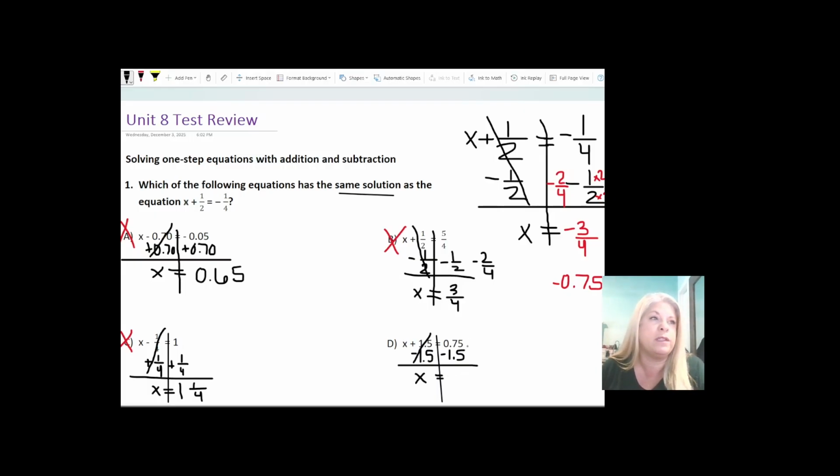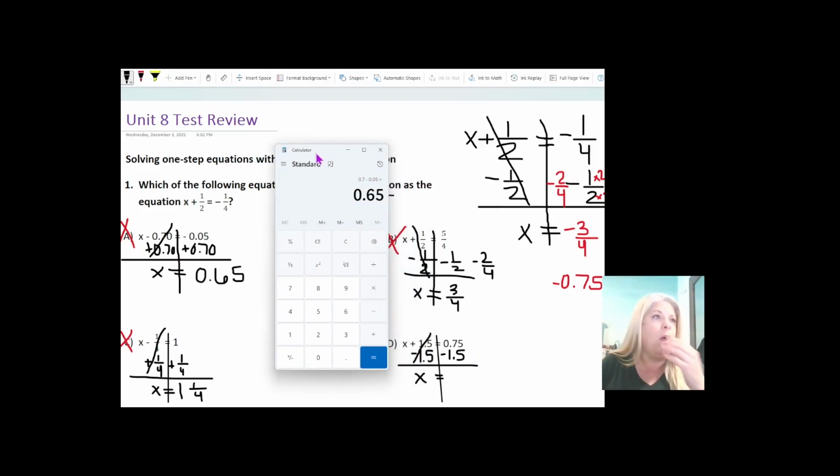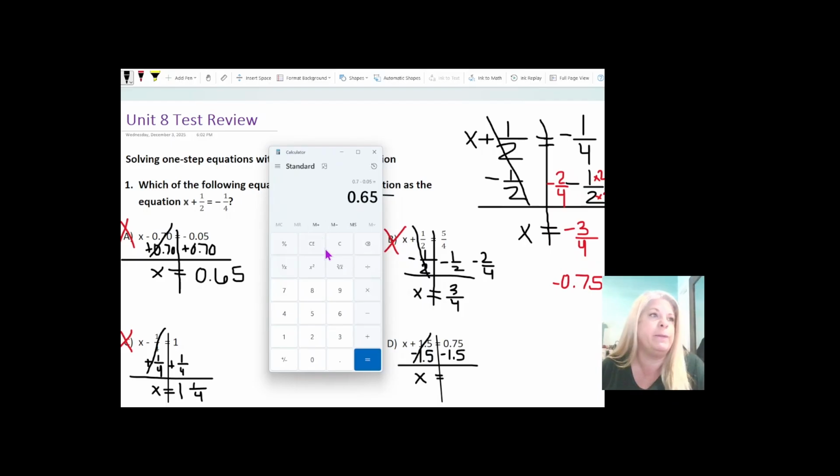And then we've got different signs again. So take your calculator if you need to. Because they are different signs, I've got a positive and a negative, I need to find the difference between them. I need to subtract. So 1.5 minus 0.75, and that gives me 0.75, right?